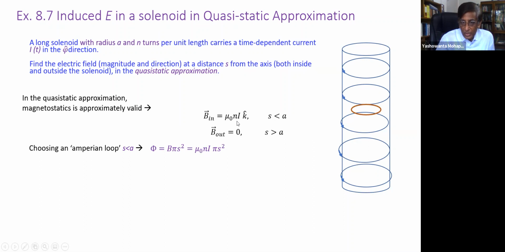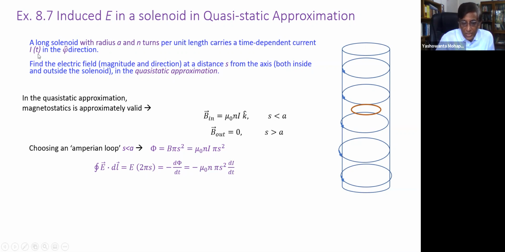B is mu naught n I, and the loop is also pointing in this direction, so mu naught n I pi s squared. Then the line integral of E dot dl, where E is the same everywhere because of the symmetry, is E 2 pi s, which equals minus d phi by dt. Phi I already know, so it is minus mu naught n pi s squared dI by dt.